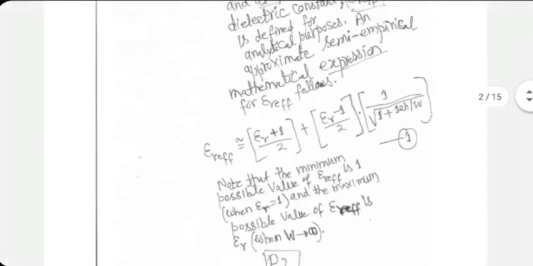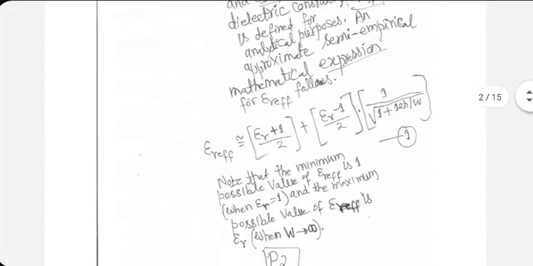Suppose I put epsilon r equal to 1 on the right hand side of equation 1. That means even in the bottom half I have got air. Then it's a uniform cross section. So if you put epsilon r equal to 1, you simply get epsilon r effective equal to 1, as expected, because it is air throughout in that case.